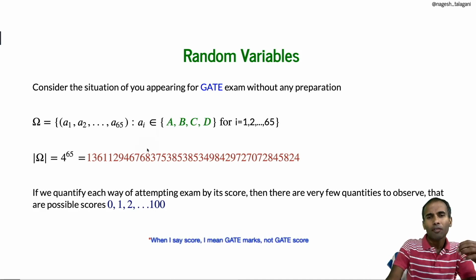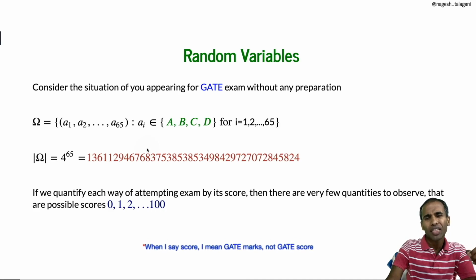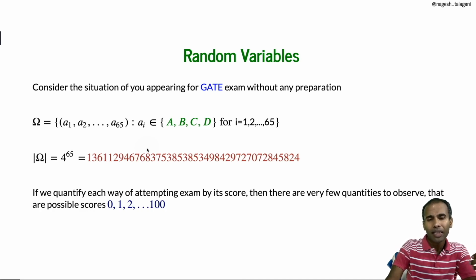If you only care about the final score of an exam, then there is no reason to deal with this huge space omega. Instead, we can look at the space of possible scores 0, 1, and so on up to 100, which looks much simpler than the original sample space omega and is easy to deal with, as this time outcomes are real numbers as opposed to some weird objects.